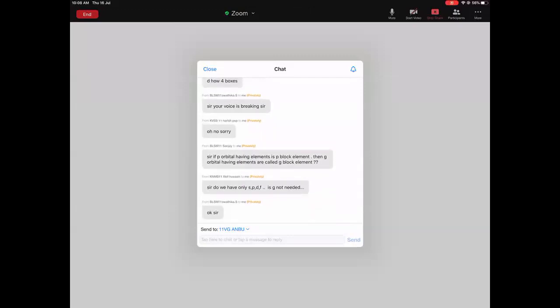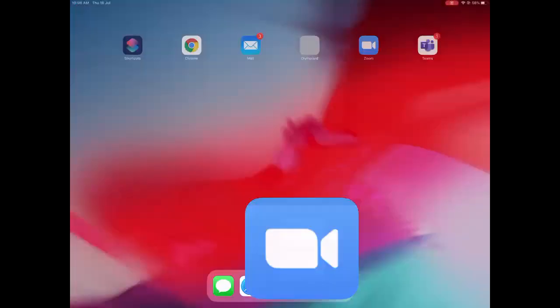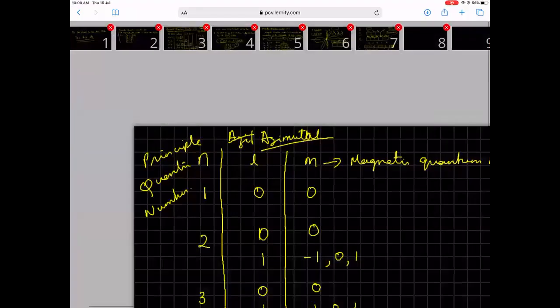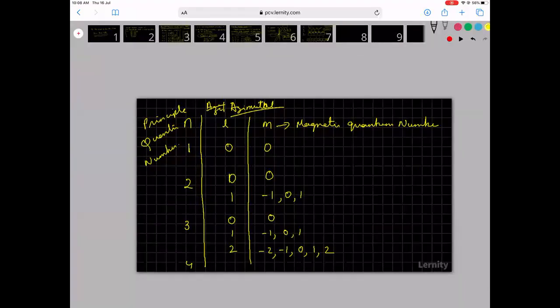Okay, so if this is understood, then please complete it. For 4 also, please write down. So here there is 1 orbital. Here there are 4 orbitals. Each of those compartments is called an orbital.